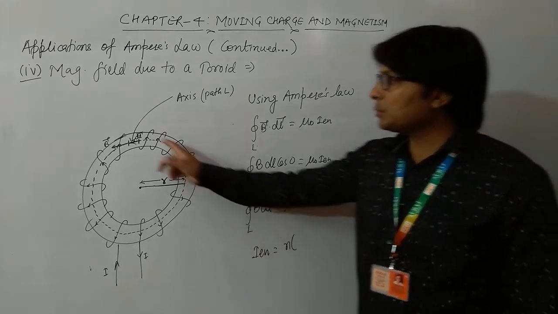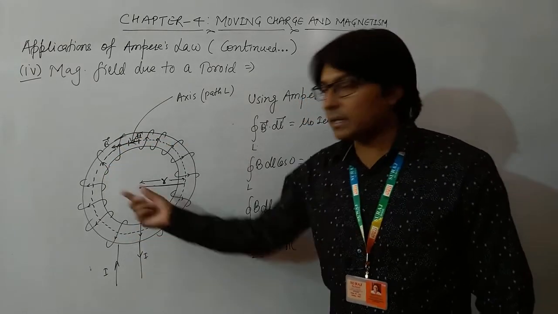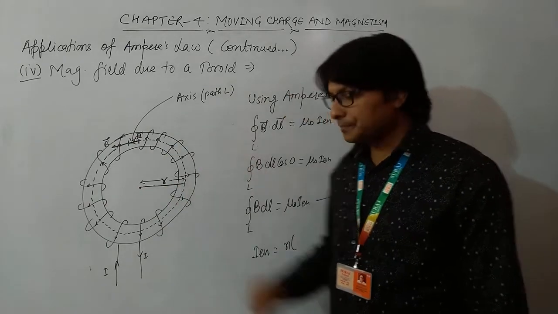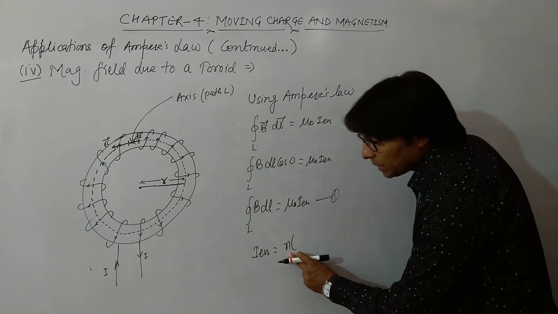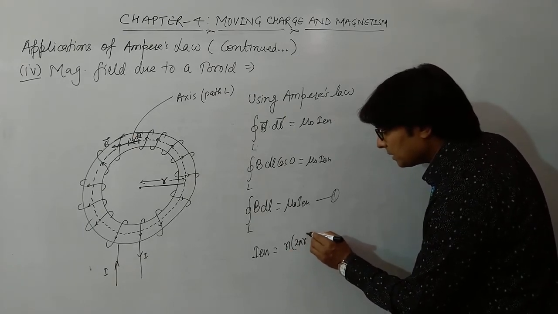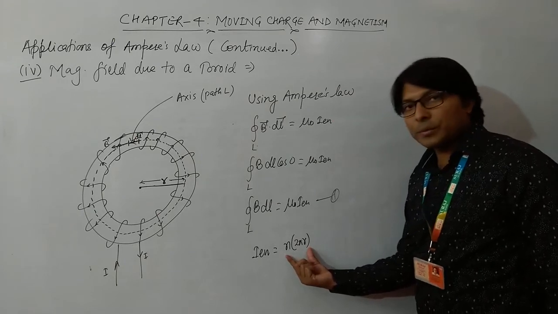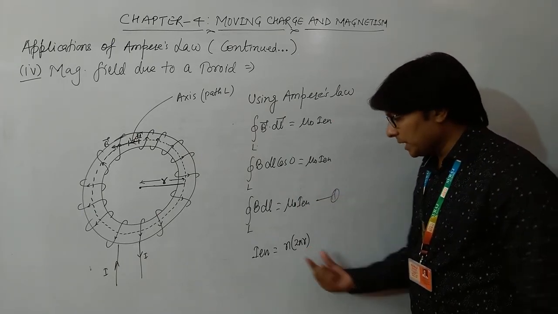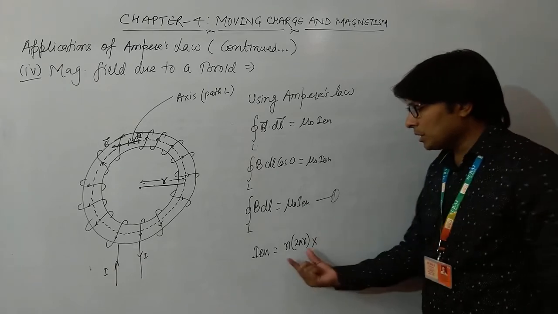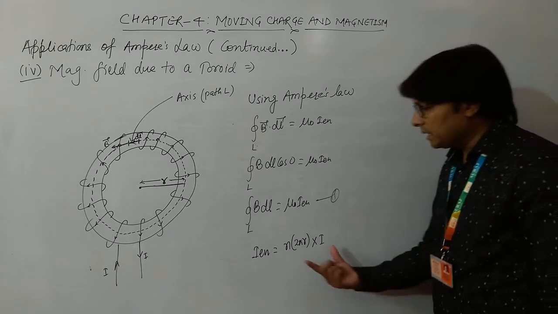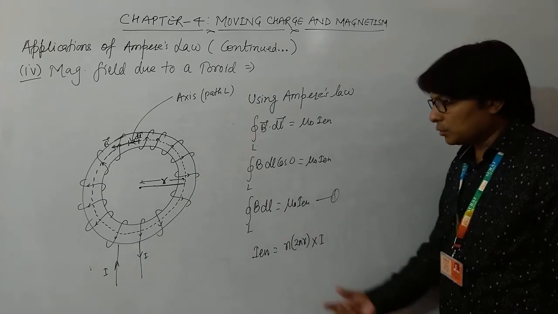The total length of this Ampere path will be 2 pi r, if r is the radius of this toroid. So n multiplied by 2 pi r gives the total number of turns in this toroid, and multiplying this by the current flowing through one turn gives the I enclosed.